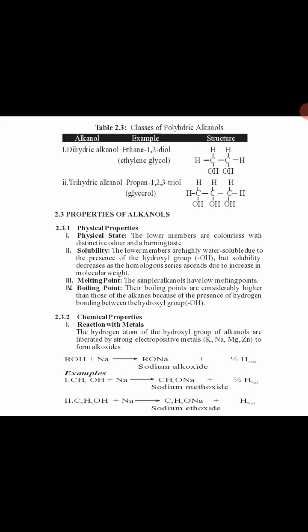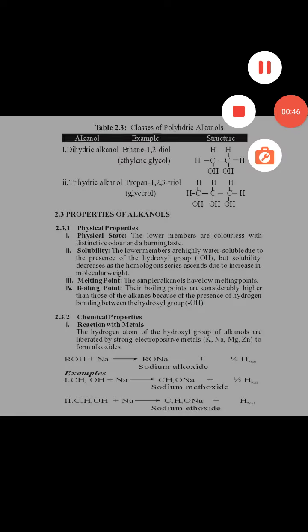Polyhydric alkanols are divided into dihydric alkanols and trihydric alkanols. Dihydric alkanols are alkanols with two OH groups, while trihydric alkanols are alkanols with three OH groups.